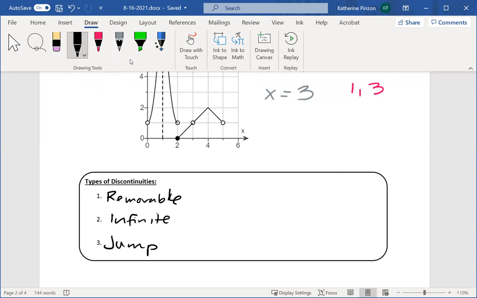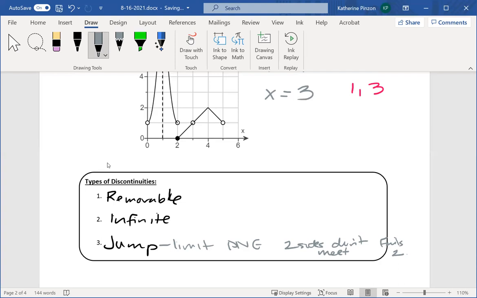So a jump discontinuity happens when the limit doesn't exist, when the 2 sides don't meet. That would fail condition number 2.